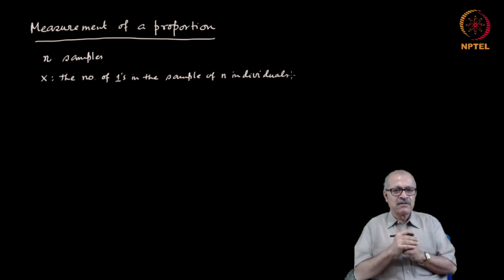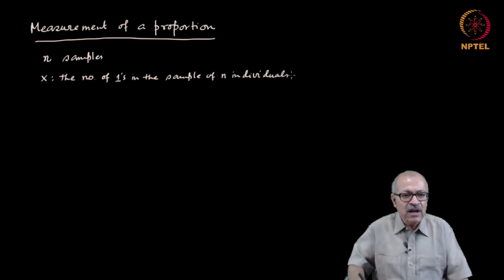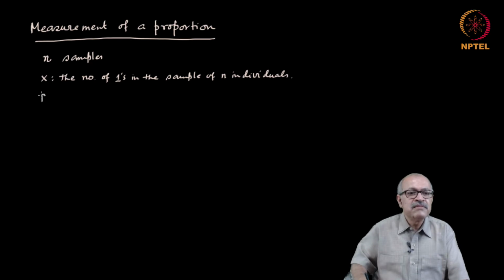And now we are facing the problem of finding what is the mean of x and what is the standard deviation of x. So, our problem is the mean of x and the standard deviation of x.